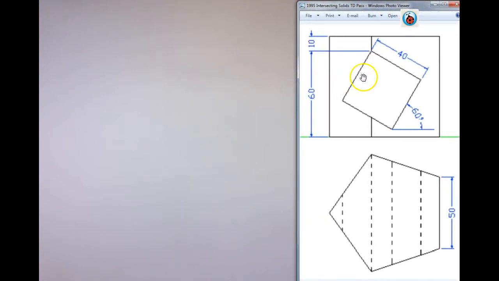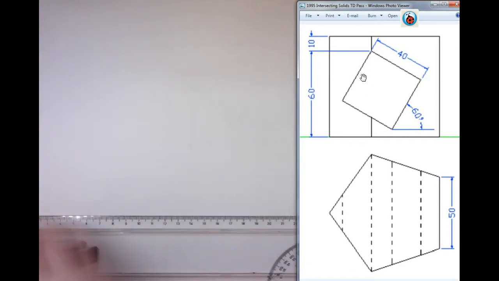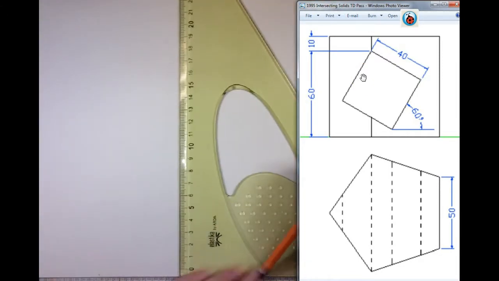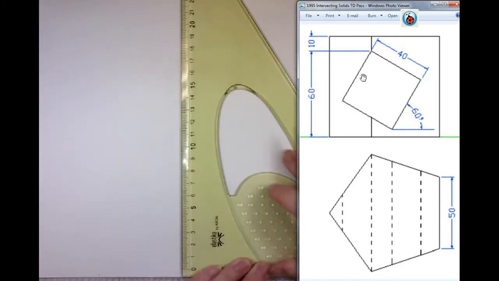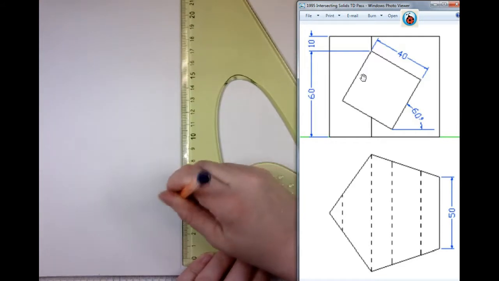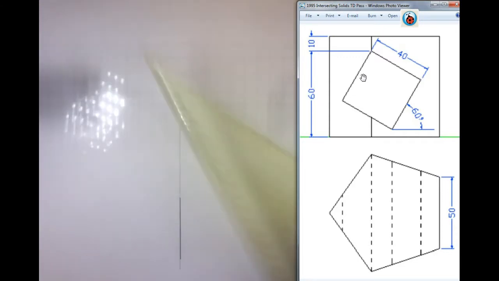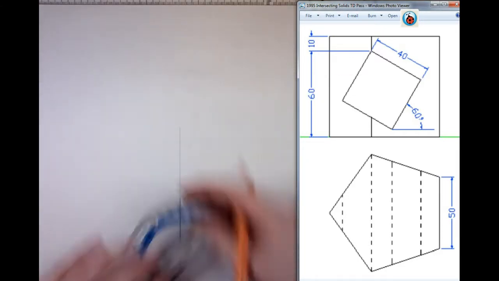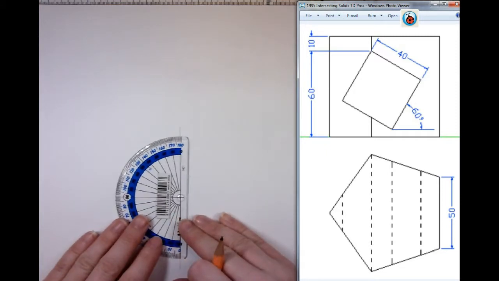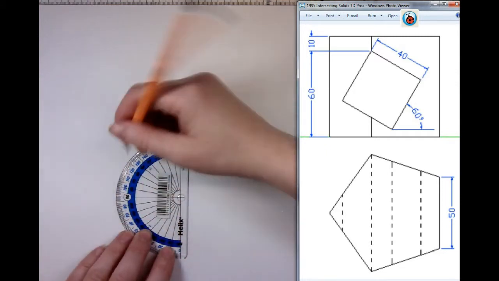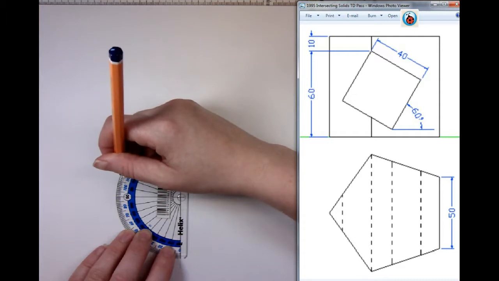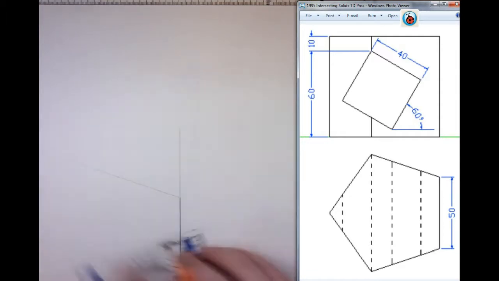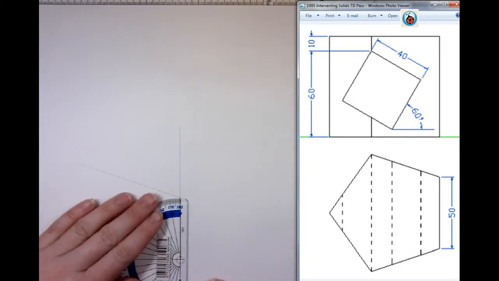So using those dimensions, we're going to start off in our plan. 72 and 72 as well on the bottom.